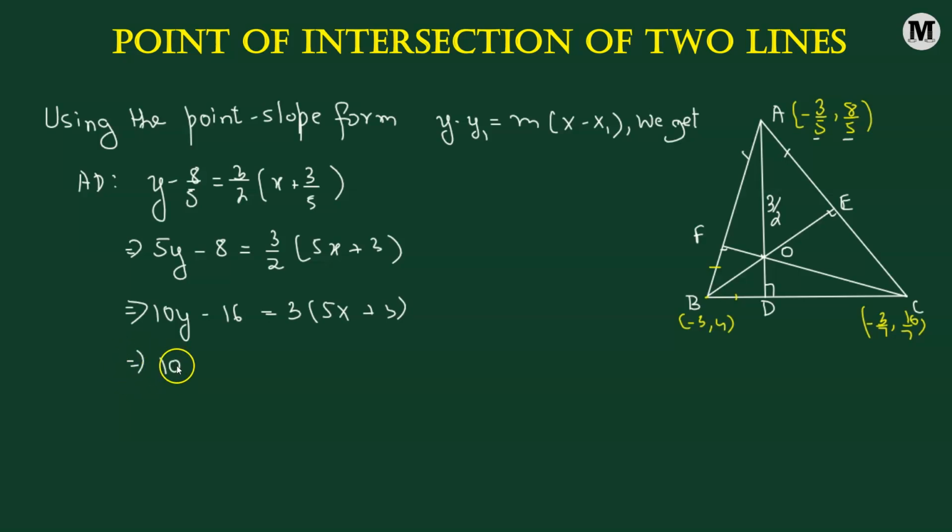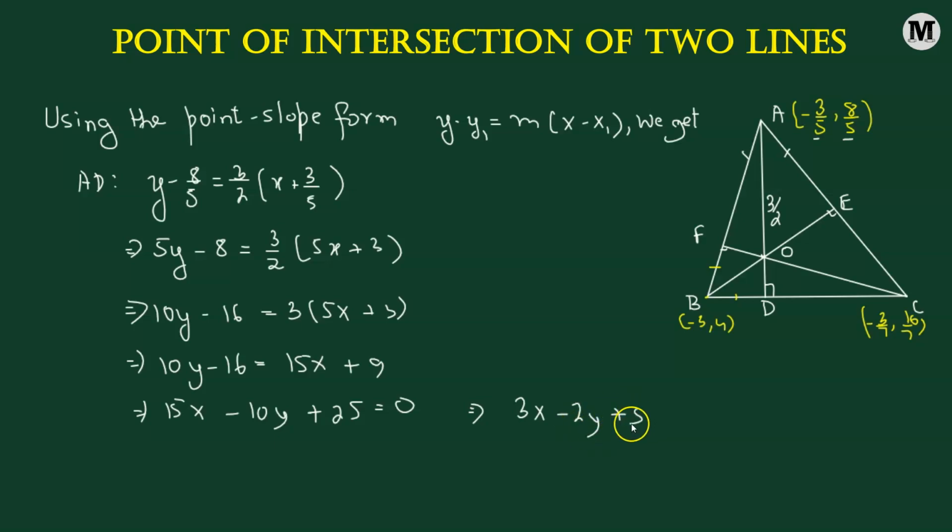Further simplification gives us 10y minus 16 equals 15x plus 9. We get 15x minus 10y plus 25 equals 0. Each of the terms has a factor of 5, so our equation becomes 3x minus 2y plus 5 equals 0. So this is going to be the equation of the altitude AD.